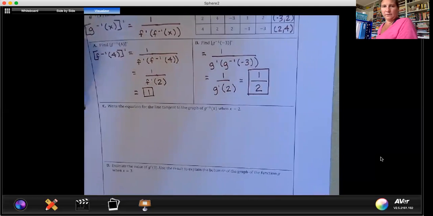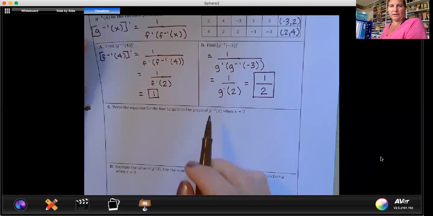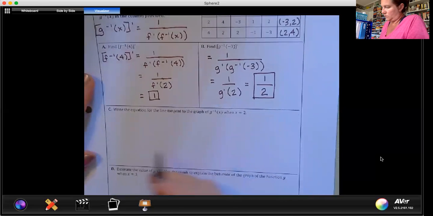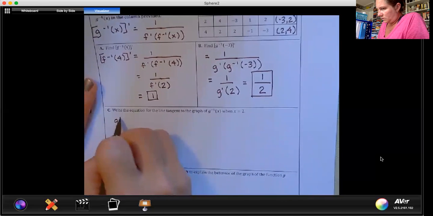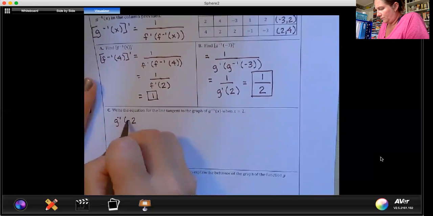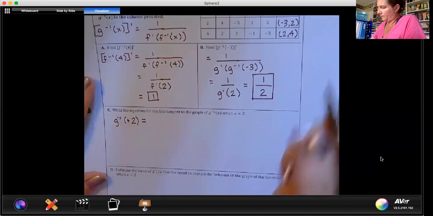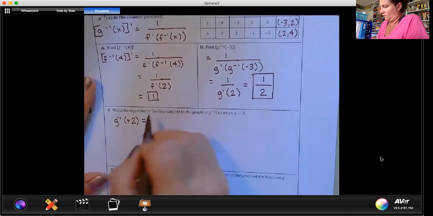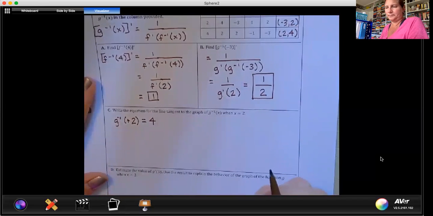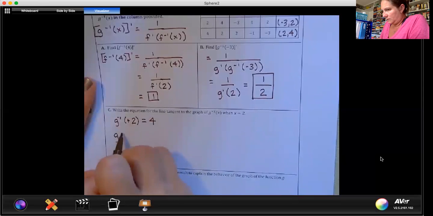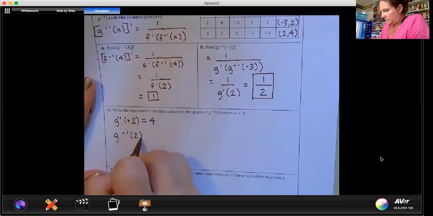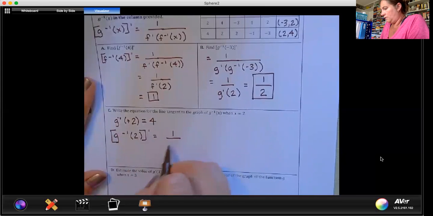Write the equation for the tangent line to the graph of the inverse of G when x is equal to 2. So G inverse of 2 is 4. The derivative of the inverse of G is going to be 1 over G prime of the inverse of G at 2.